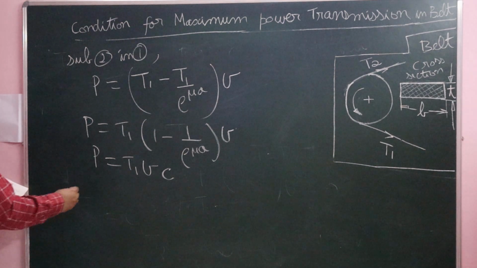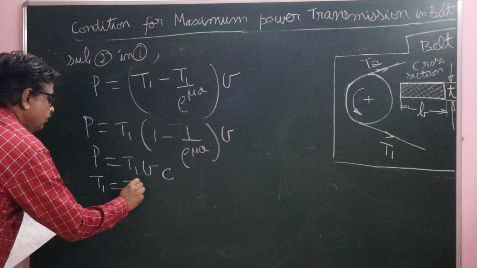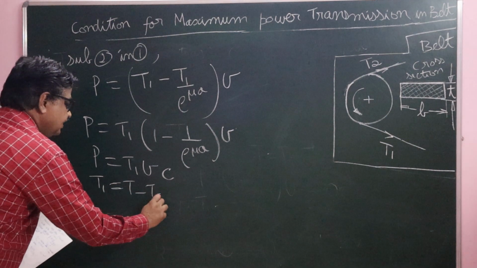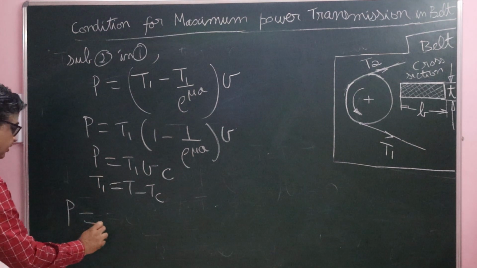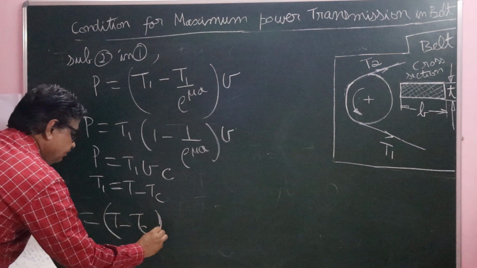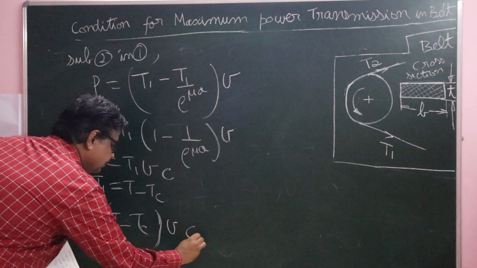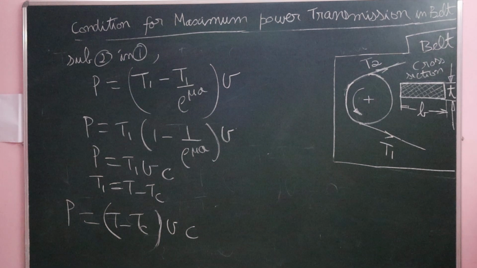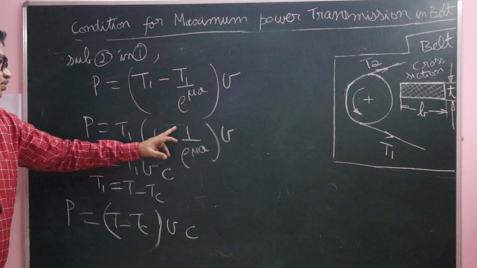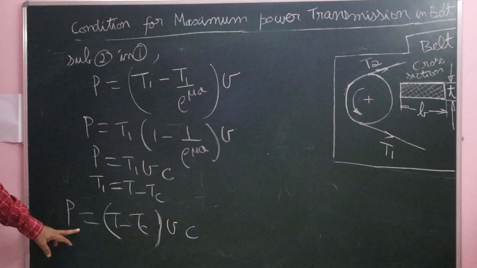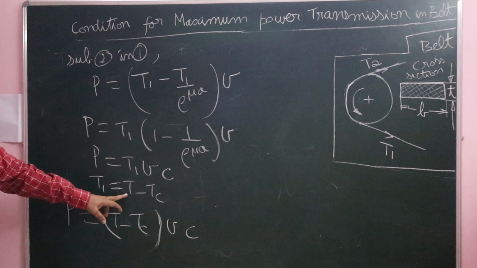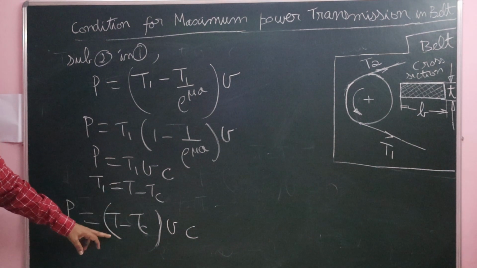Substitute here T1 is equal to T minus Tc. Therefore P is equal to T minus Tc into V into C, where this constant C is equal to 1 minus 1 by e power mu theta. Instead of T1, I substituted T minus Tc.